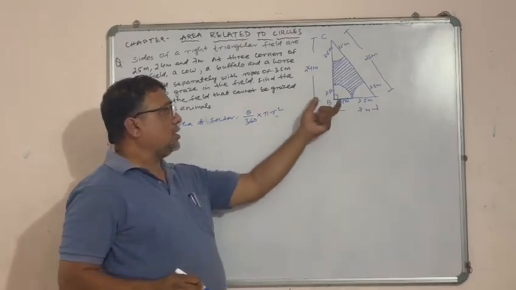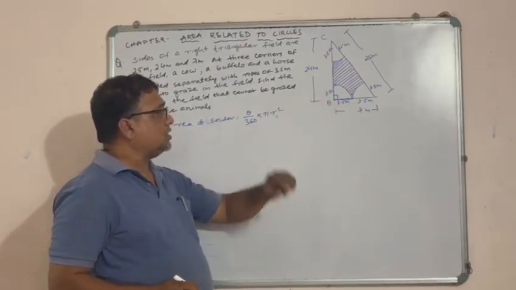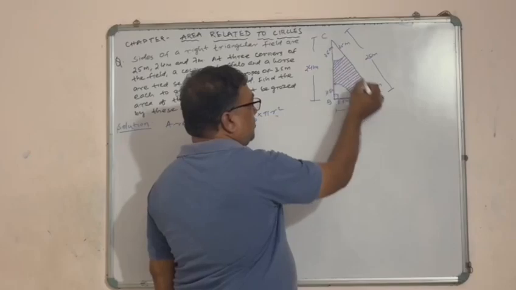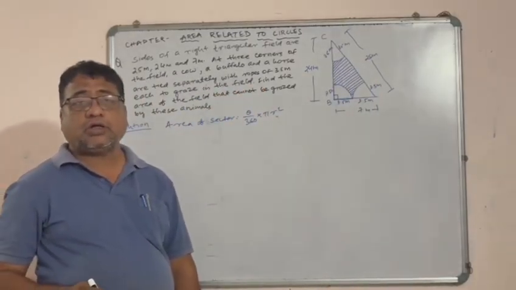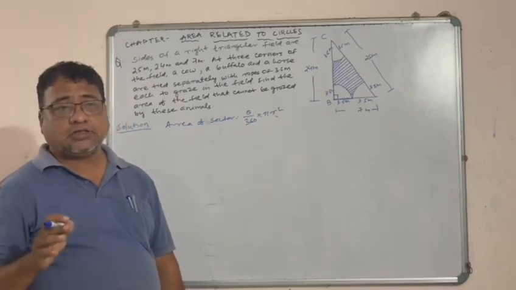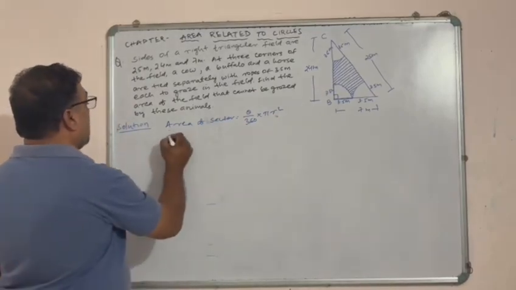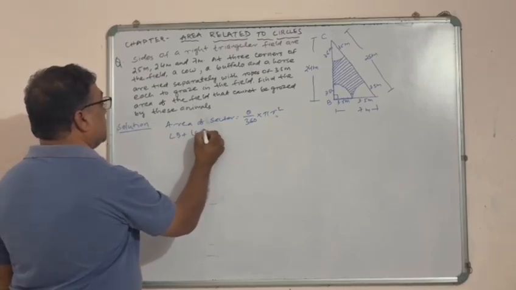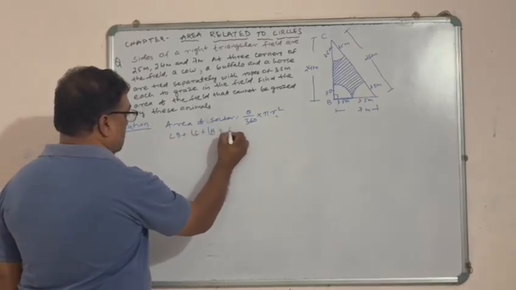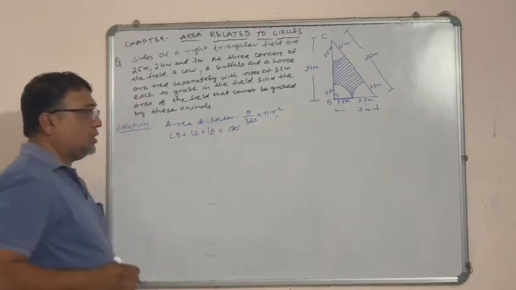So each has a sector. This angle plus this angle plus this angle, so three angles of a triangle. We know that the three angles of a triangle sum to 180 degree. So angle B plus angle C plus angle H equal to 180 degree.